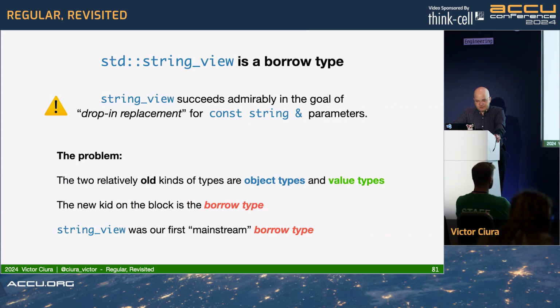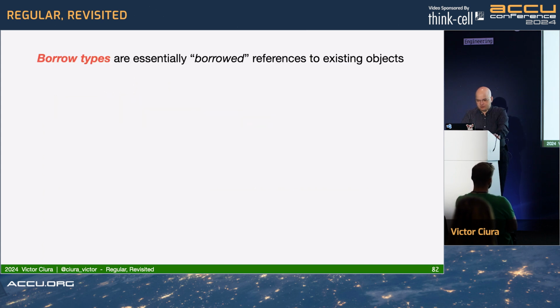But they're very different things. So string view is not really a value type, and it doesn't project itself as a reference either. So it's sort of a weird thing where it pretends to be a value, but it's not. People have been calling it this kind of borrow type, sort of stealing the idea from Rust, but it's not the same kind of concept.